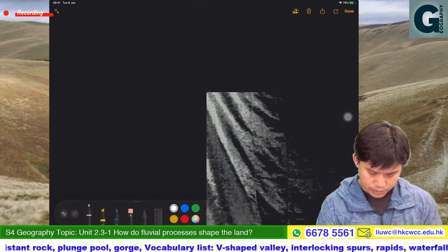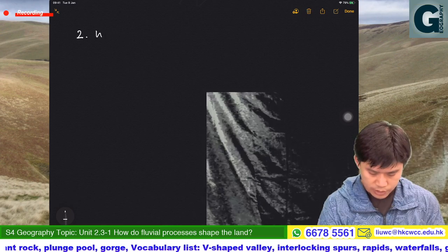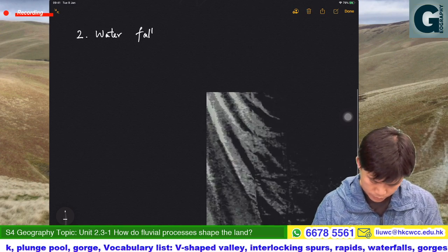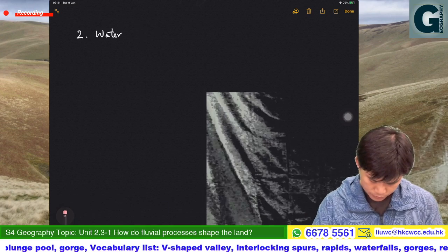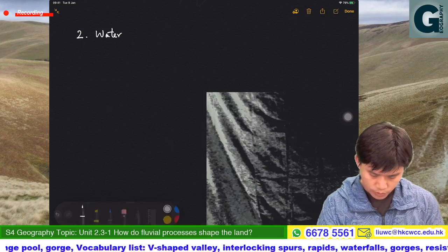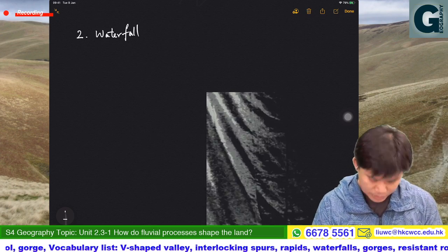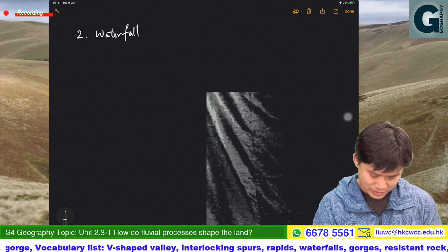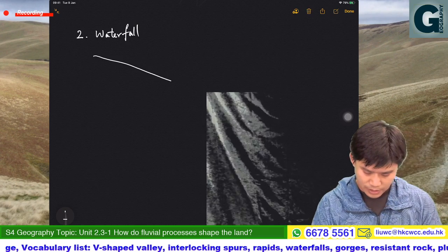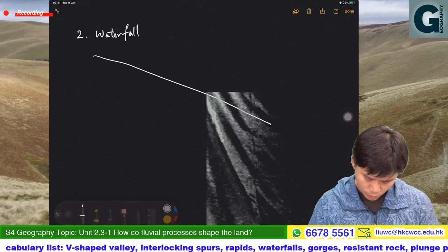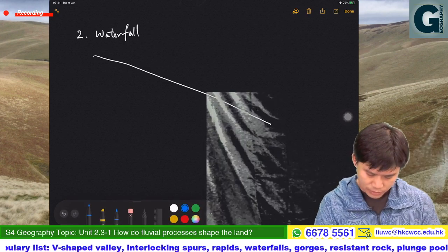Then the second one, waterfall. Waterfall would be like this, so that would be easier. Imagine that would be a slope, and the water is flowing along the slope.